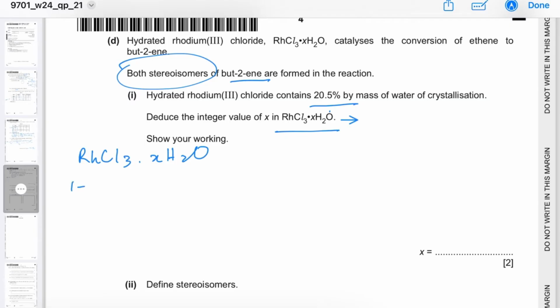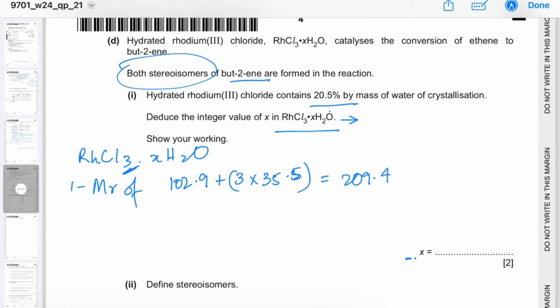And for the first step, we'll find the Mr of anhydrous rhodium chloride. So that's the mass of rhodium, 102.9, plus the mass of all of the chlorine atoms in this compound, which is a total of 209.4.